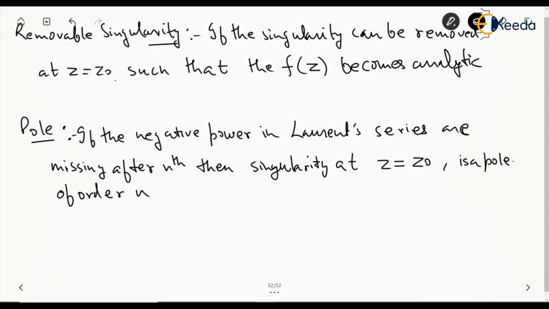Now the next one is essential pole, or I'll say essential singularity.